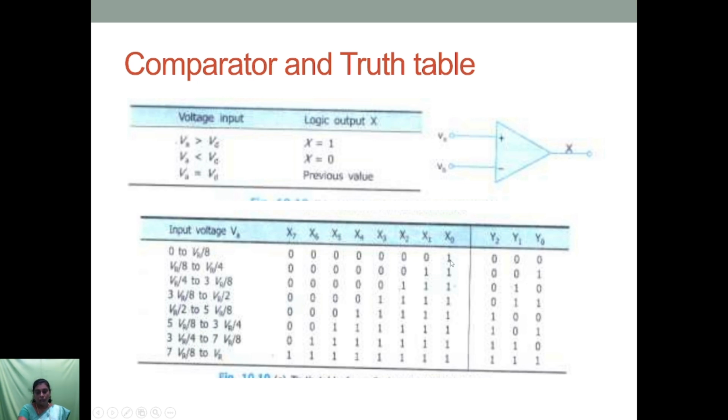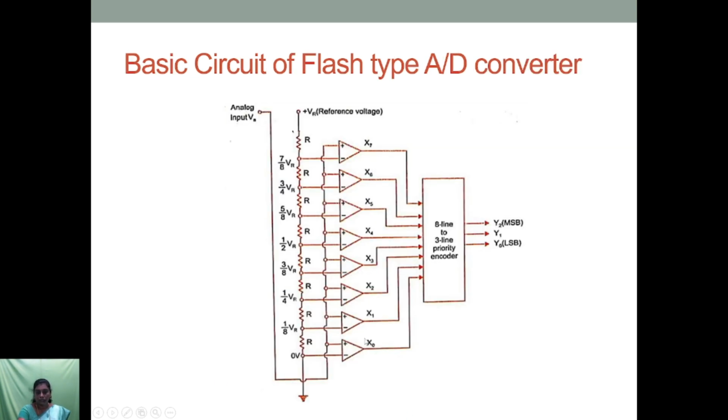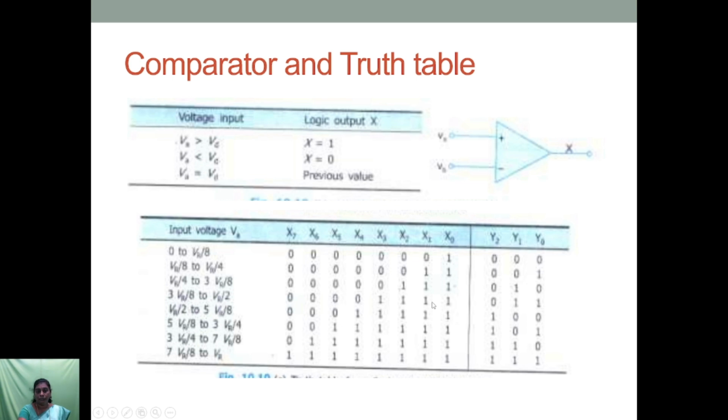That is, the output of this comparator alone will be set as 1. The others remain 0, as represented in the truth table. So the output will be 0, 0, 0, 0, 0, 0, 0, 1. By using the encoder, this 8-bit is converted into the 3-bit digital output. So if the output of the comparator is like this, then the 3-bit digital output will be 0, 0, 0.